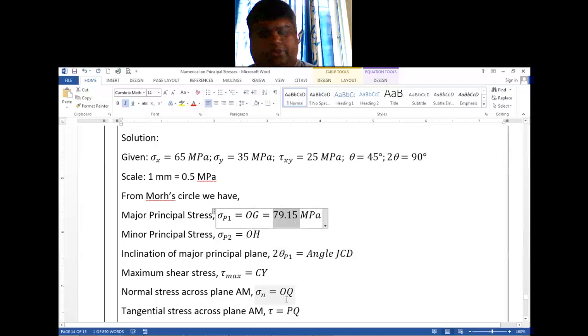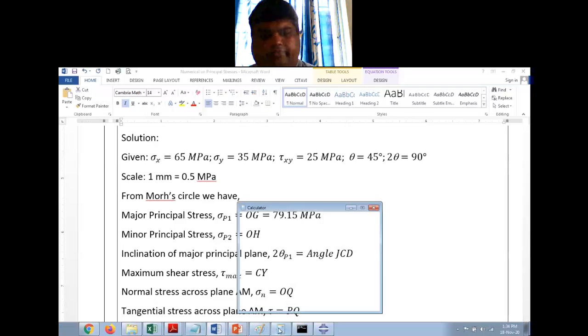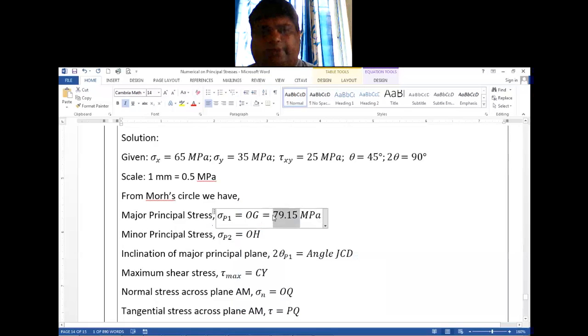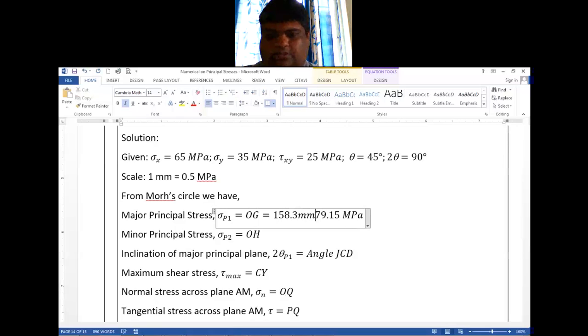So you should be getting 158.3 mm. And that will be 79.15 megapascal.